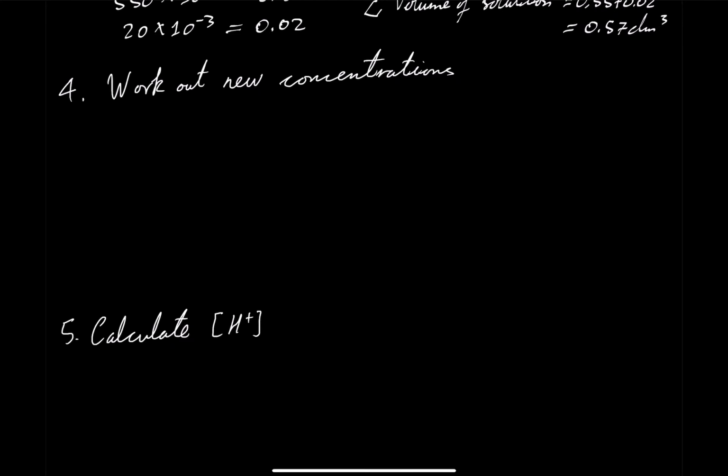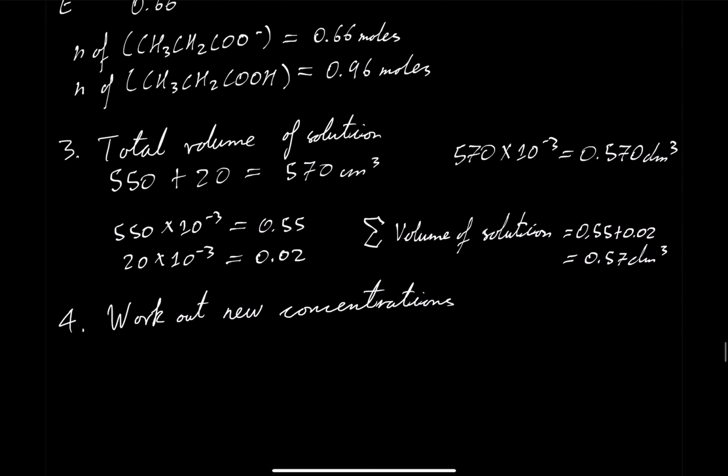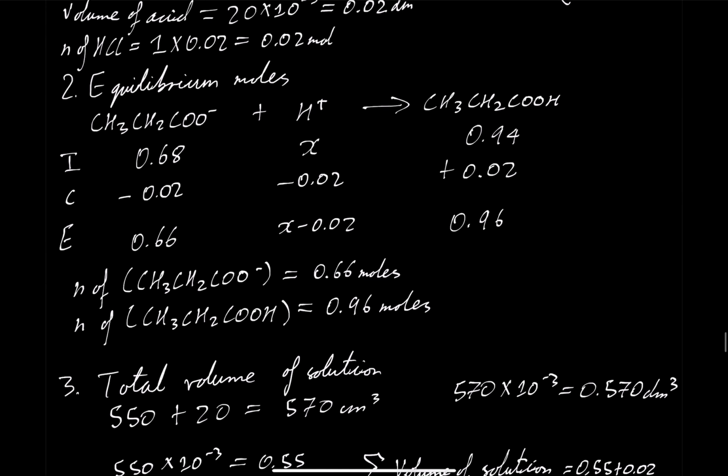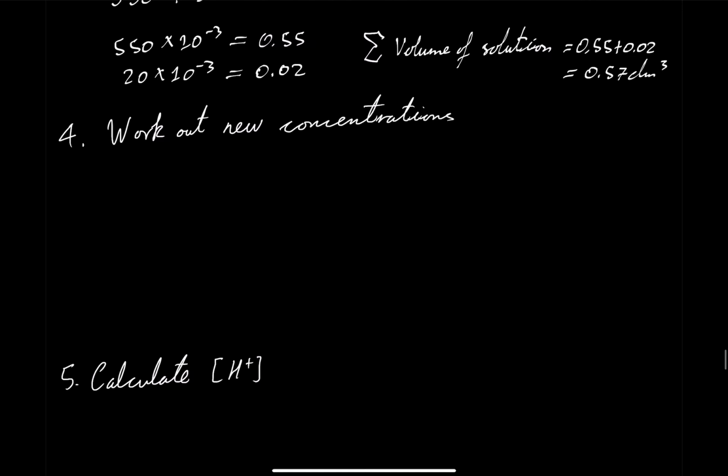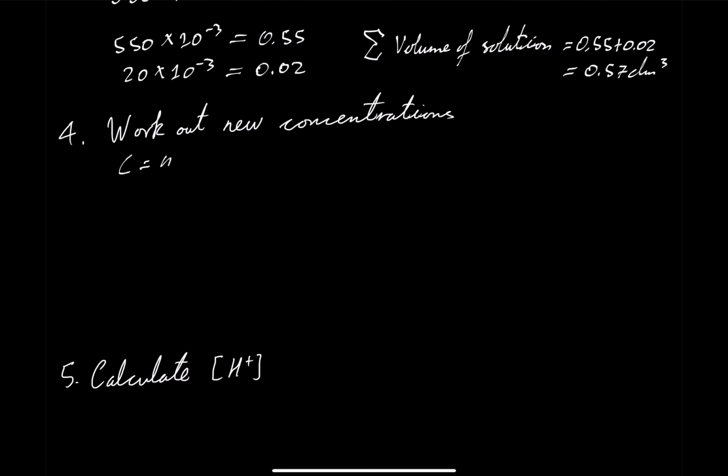Anyway, so now we've worked out the total volume and we have the moles. Now we just need to work out the concentration. Remember, concentration is equal to the moles over the volume.